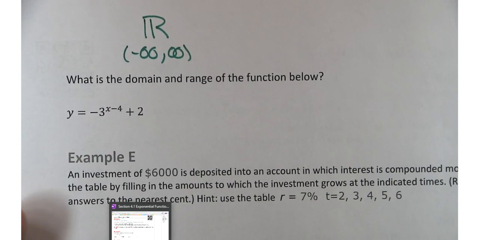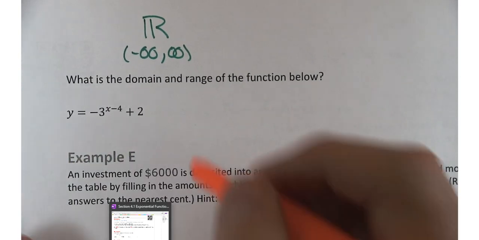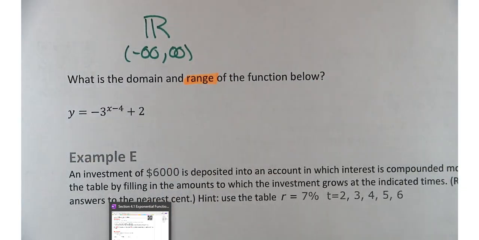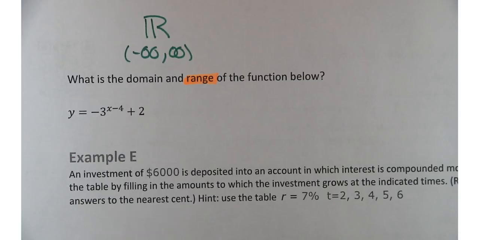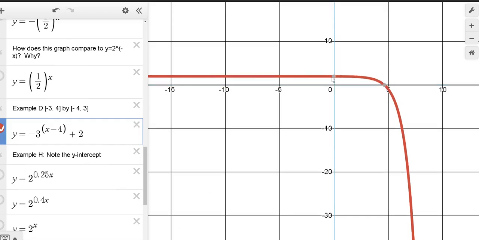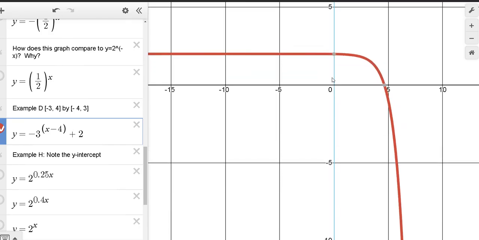But how about the range? The range is your y values, and the y values are definitely kind of limited. Let's look back at our graph. This is one that I definitely would expect you to answer by looking at your graph. The y values start at negative infinity. That's the lowest they're going to get. But what do they top out at? 2.